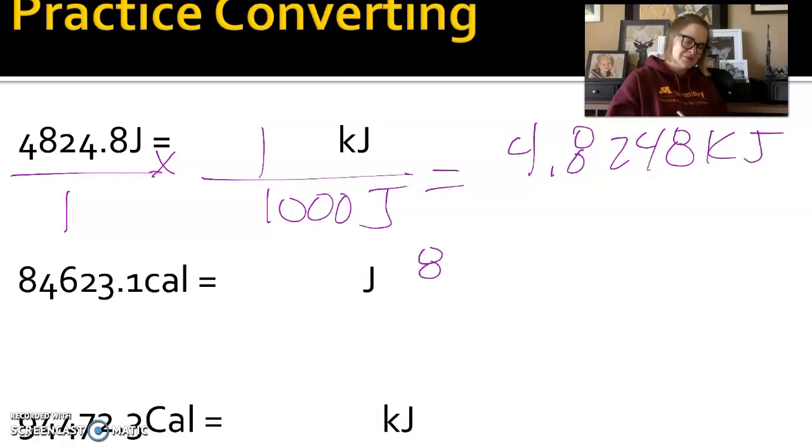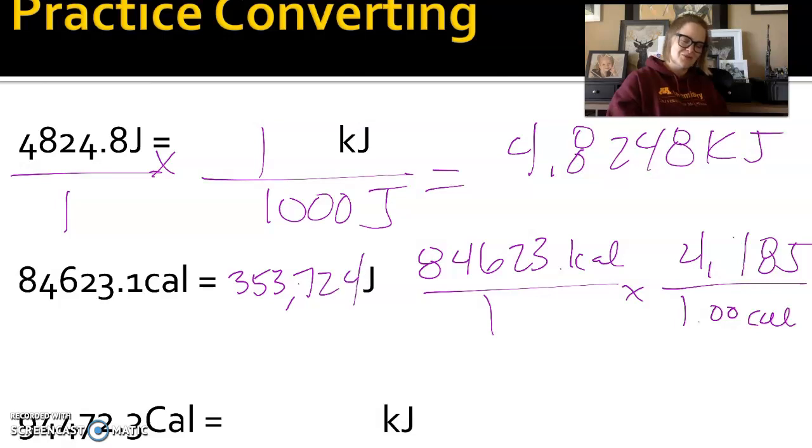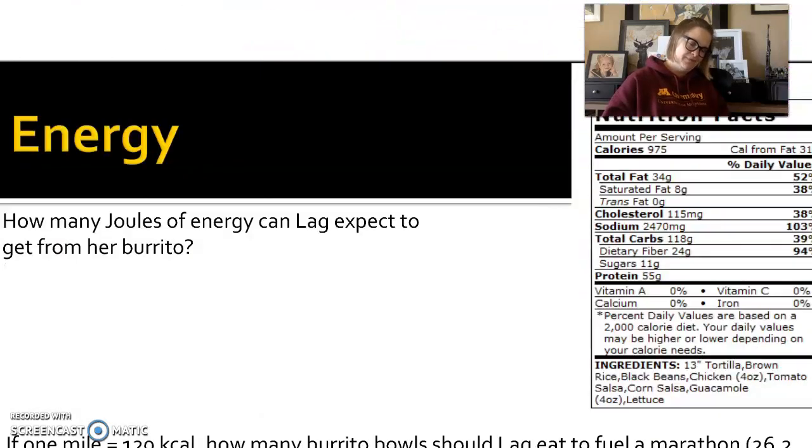But the next one, where we're going from calories, the little calories, to joules, put that over 1. In 1 calorie, there's 4.18 joules of energy. So for my answer, I ended up getting 353,724 joules. I'm going to skip the last one, but you might see some using both.